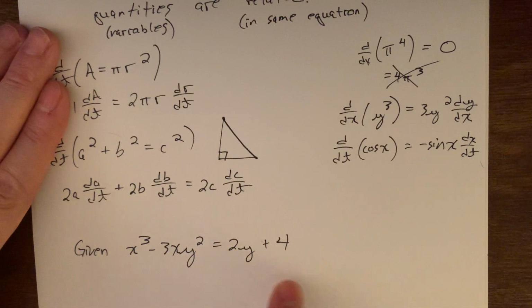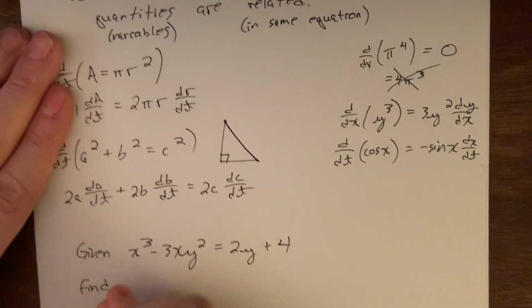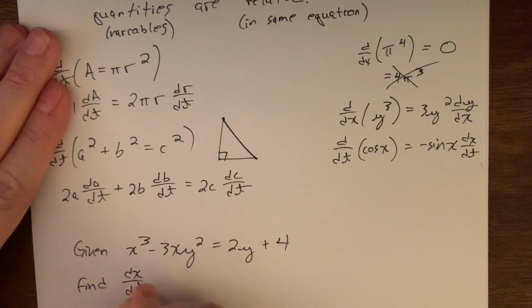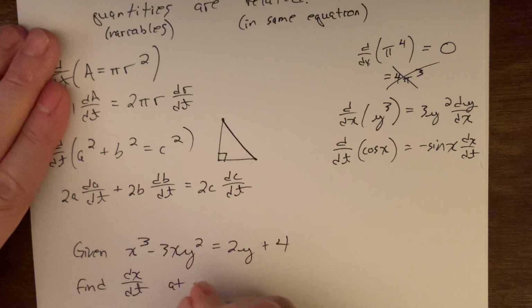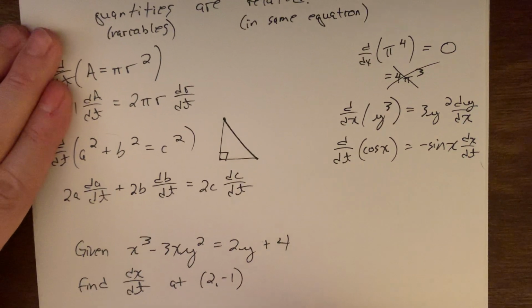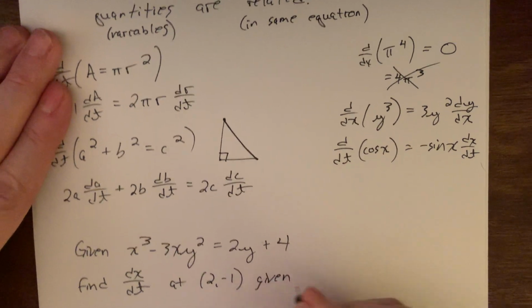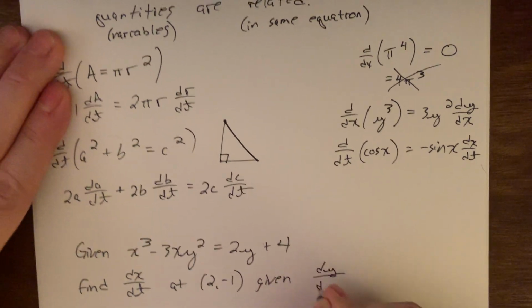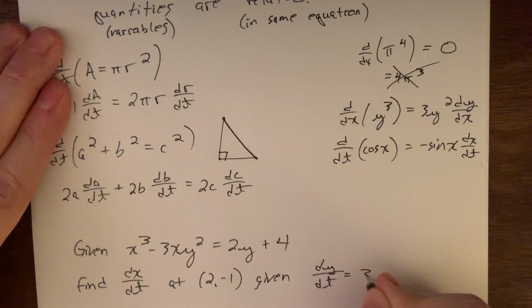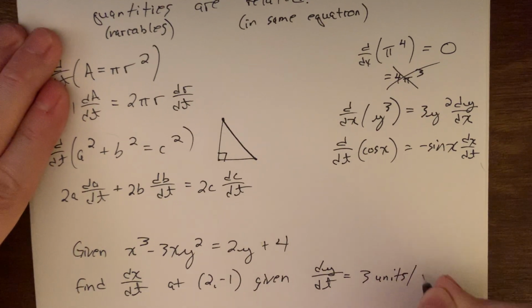And the question is, you're being asked to find dx/dt at the point (2, -1) given dy/dt equals 3 units per second.